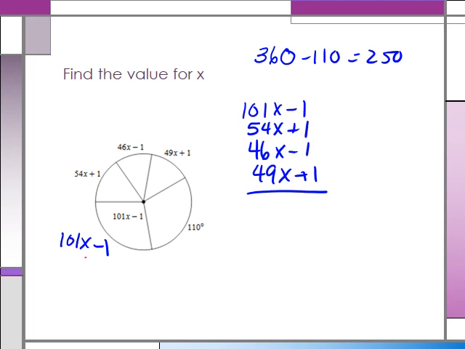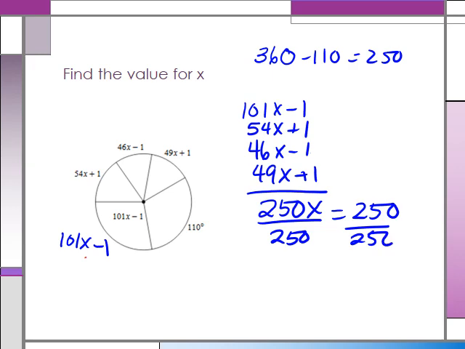That's going to give me 250x. My ones will all cancel out, minus 1 plus 1, minus 1 plus 1, equals 250. Sorry about that. So if I divide by 250, x will equal 1.